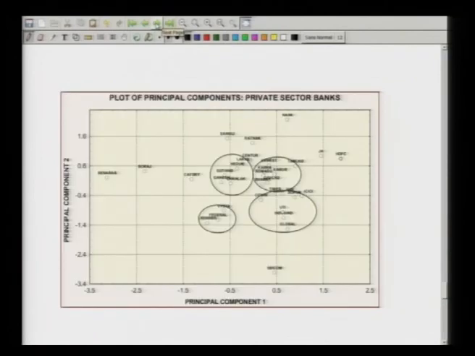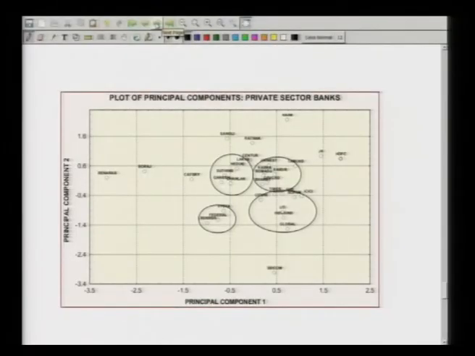Now, what we do in this case is we separate out the private sector banks and the public sector banks, and then calculate the principal components from the sample covariance matrix or the correlation matrix for each of the two cases, and then we have done the grouping separately.